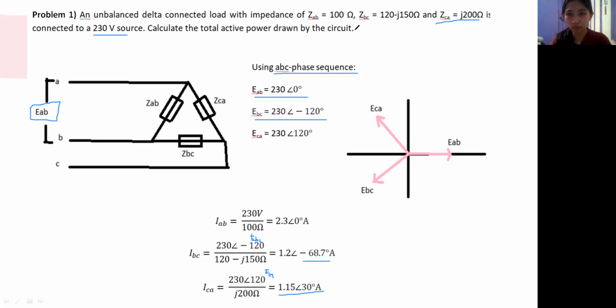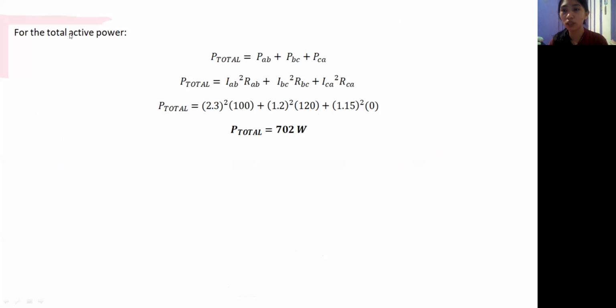Moving on, we now have the values of the respective currents. We'll now solve for the total active power drawn by the circuit. The formula for this is just the summation of the power of each load.